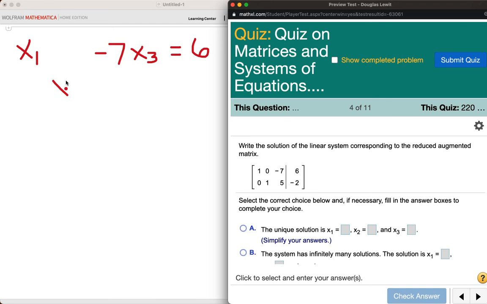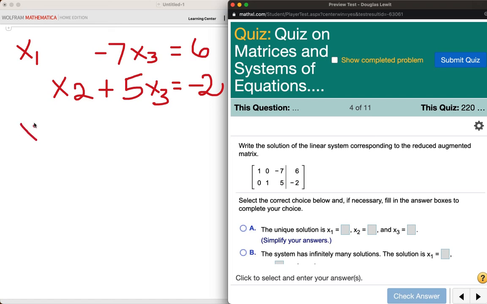And then we have x2 plus 5x3 is equal to -2. I'm just looking at the rows of the matrix. I'm sure they're going to replace x3 with t, as we know from the previous questions in the quiz.